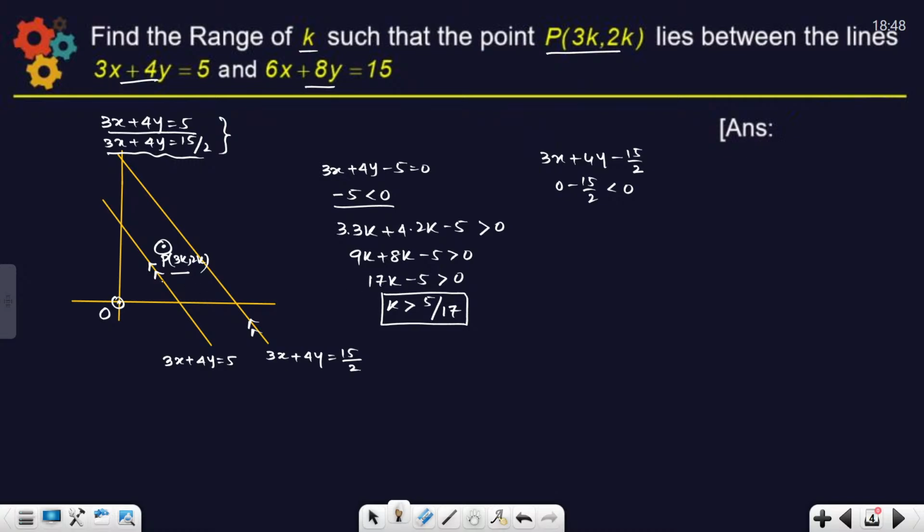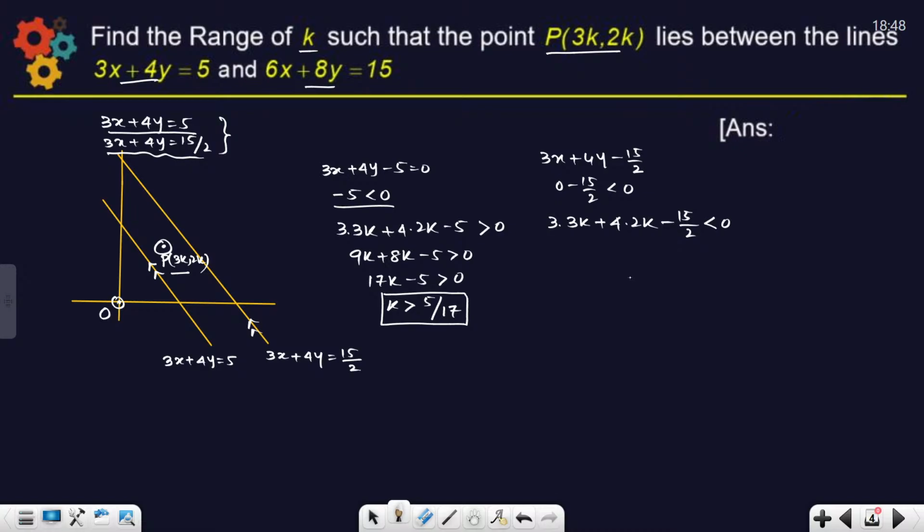Now, as this point P and the origin are on the same side, if I put the point P in this expression, this will also be less than 0. Why?